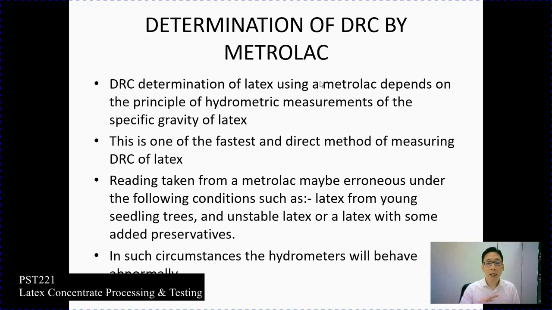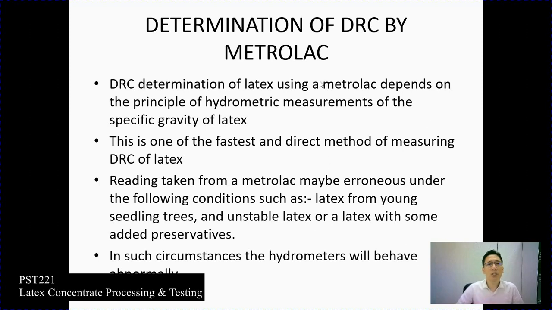so many methods of determination? Because DRC is very important. The first part is DRC determines the value of the rubber itself, so the amount that you pay actually depends on the total amount of DRC.